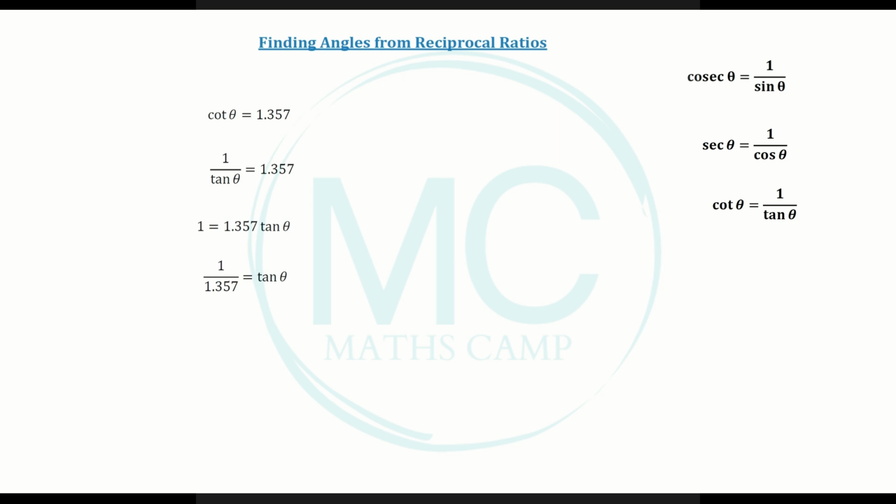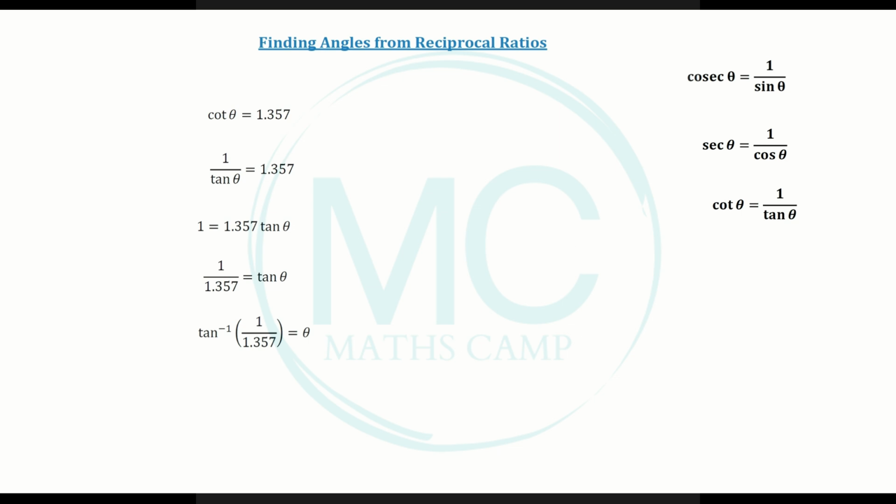Finally, we can get theta by itself. And we're going to move tan to the left-hand side of the equal sign. And we get tan to the negative 1, open our bracket, 1 over 1,357, close our bracket, is equal to theta.